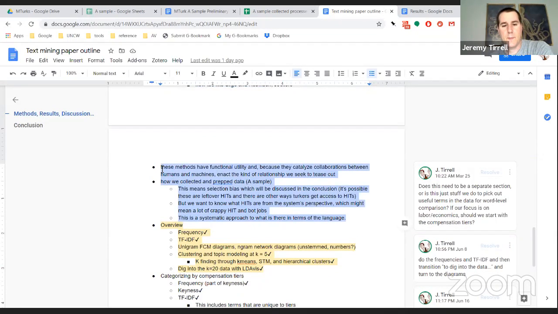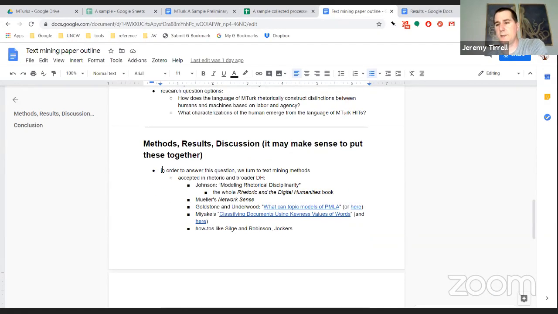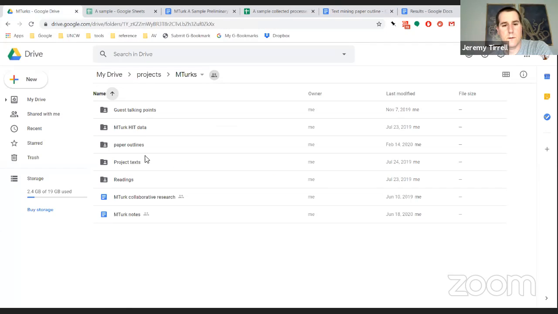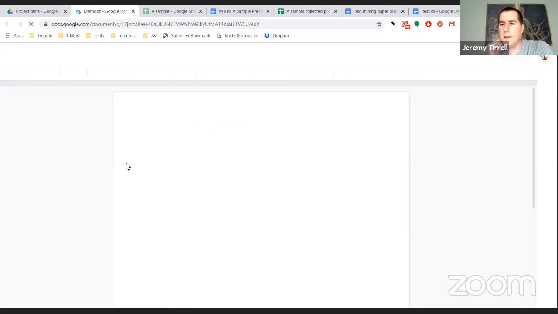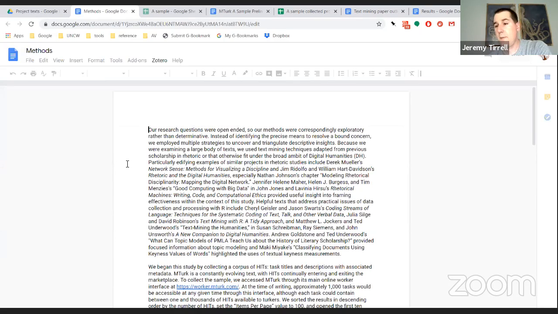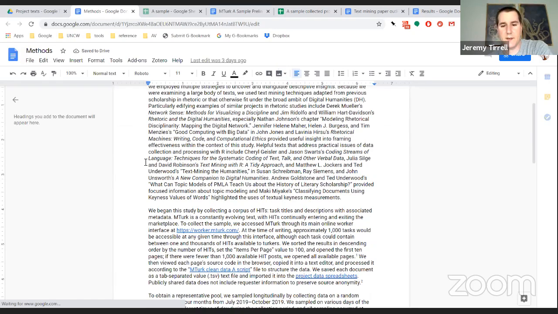In fact, I probably should parse this out on the outline, but I haven't done it just yet. But the methods has been updated. It's also now posted on the project page.